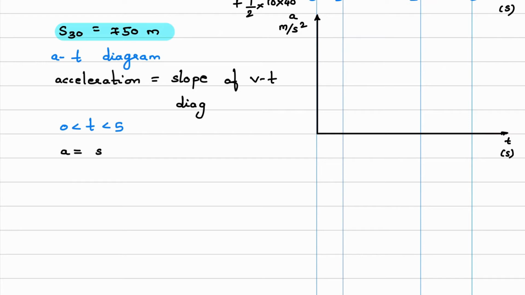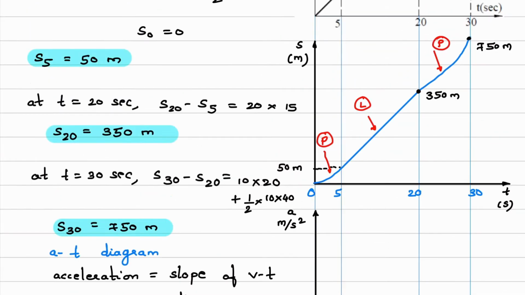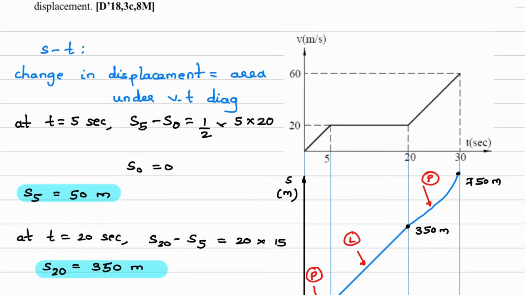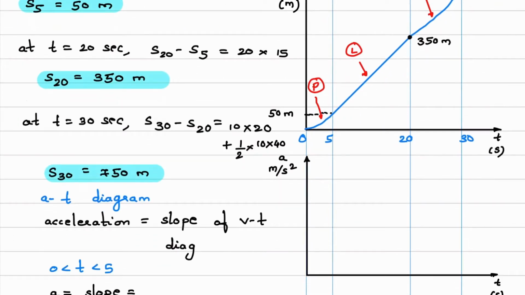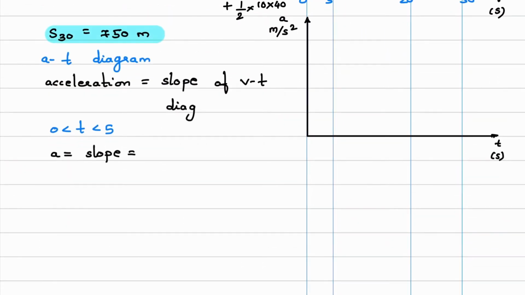Acceleration is equal to slope, which is dv, so 20 minus 0, divided by dt, which is 5 minus 0. So the slope is 20 minus 0 divided by 5 minus 0. From here we can calculate acceleration as 4 meter per second square.